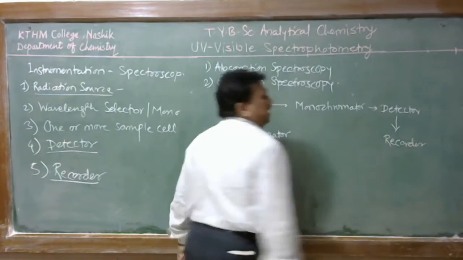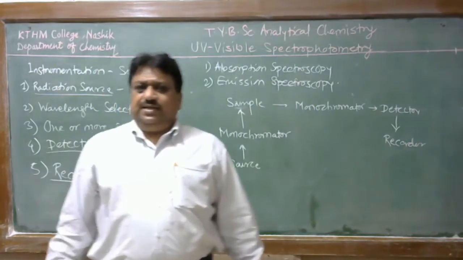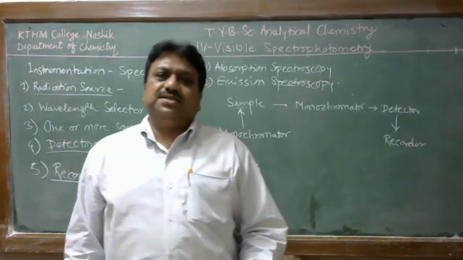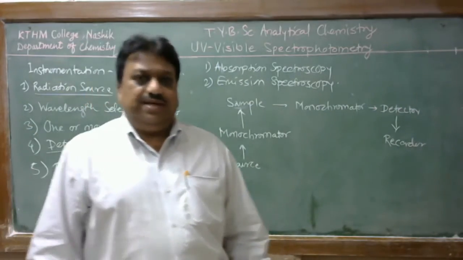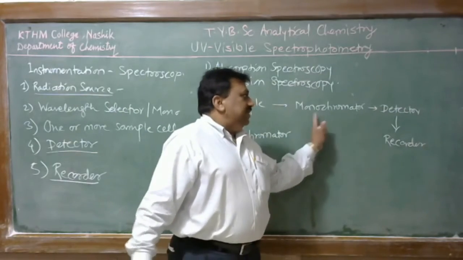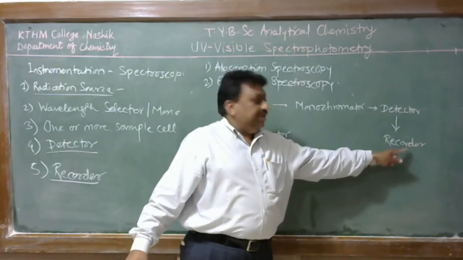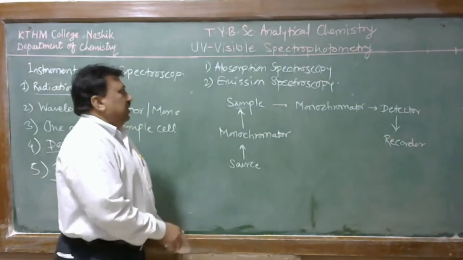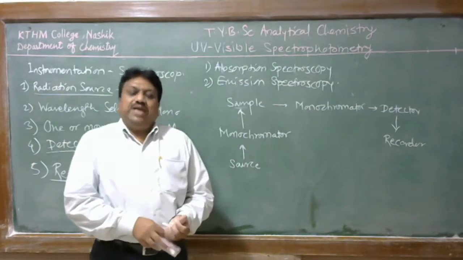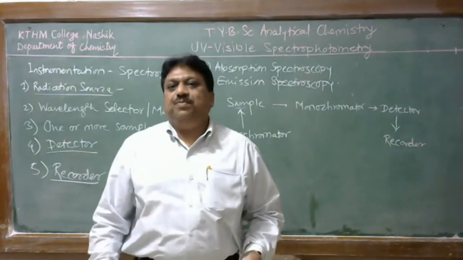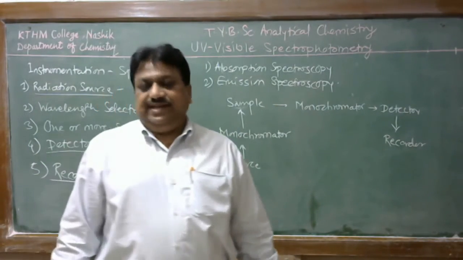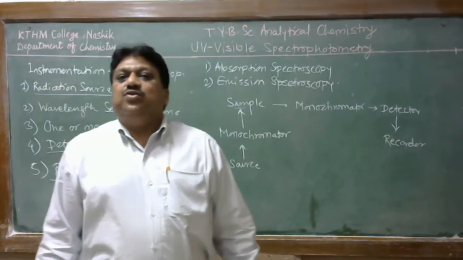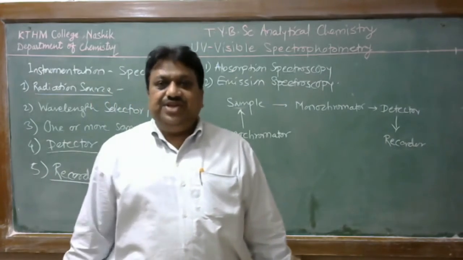The recorder may not be in the line of the detector; it may be away from the detector because the electrical signal is passed by using an electric wire, and therefore the recorder may be in another direction. In emission spectroscopy, the sample is excited by using a suitable excitation energy.